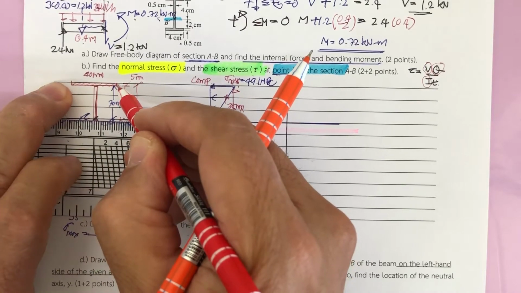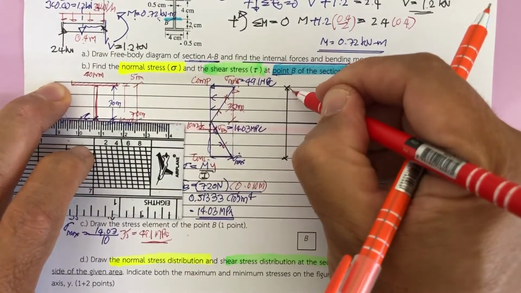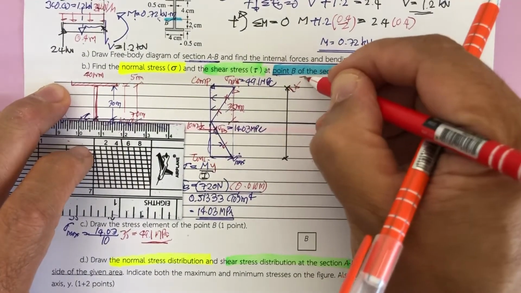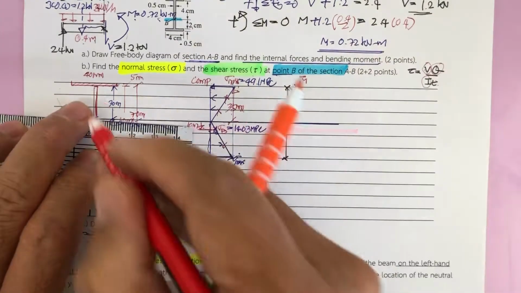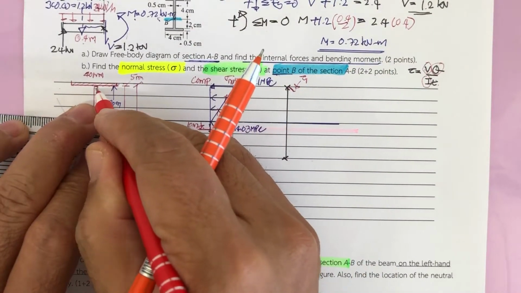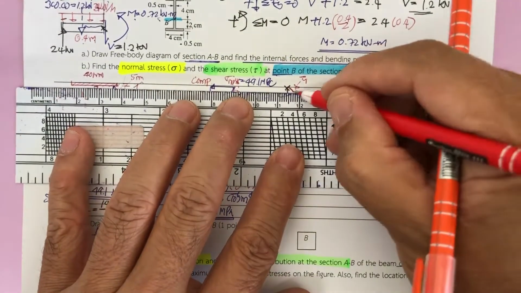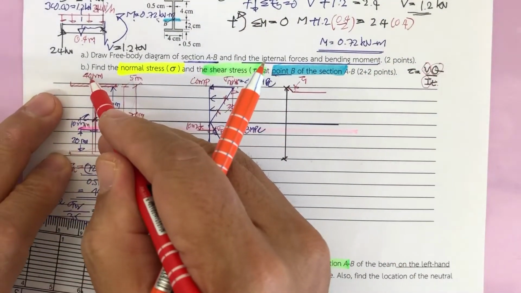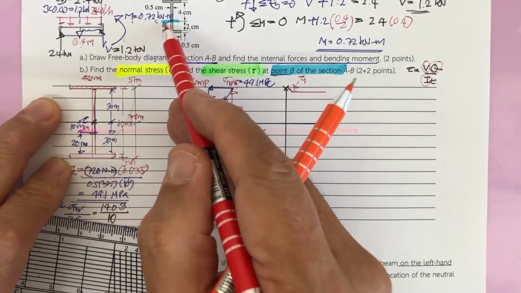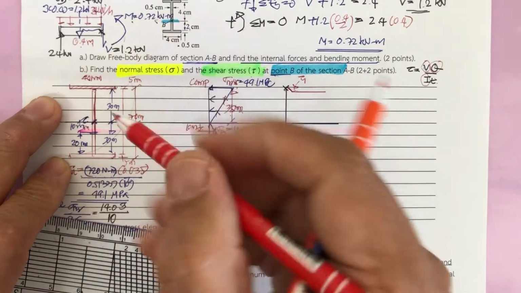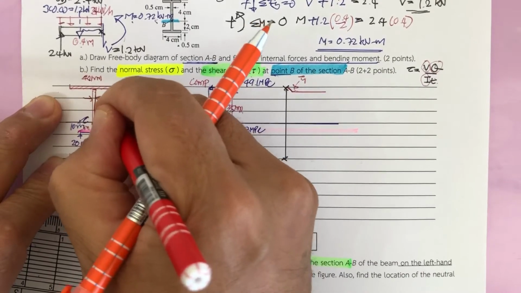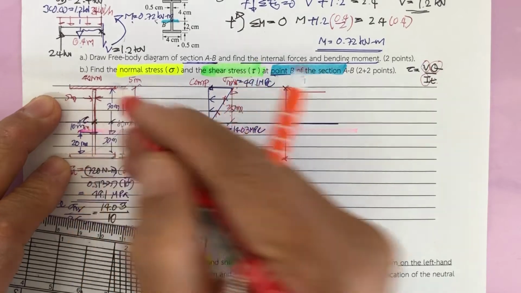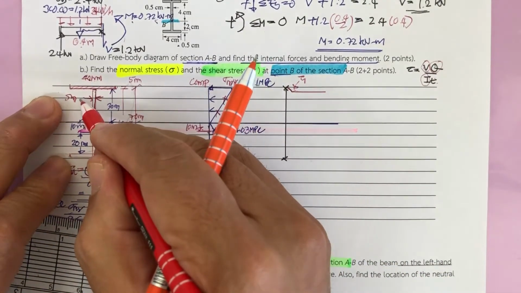If you divide by the flange width, the value is going to be small. Let's say this is tau 1. And when you divide by the width of the web, the value gets larger. This one is 40 millimeter, and this one is only 5 millimeter, so the value here is 8 times different.